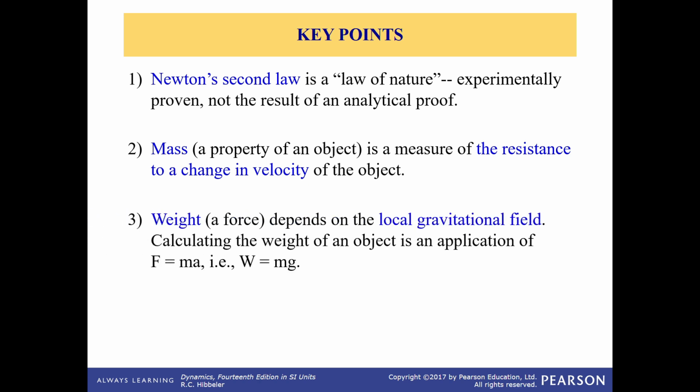Third, the way in which we denote force depends on the local gravitational field. This means that if the weight is measured on Earth, it will be different on other planets, for example Mars, Neptune, or Pluto, which is not considered a planet anymore.